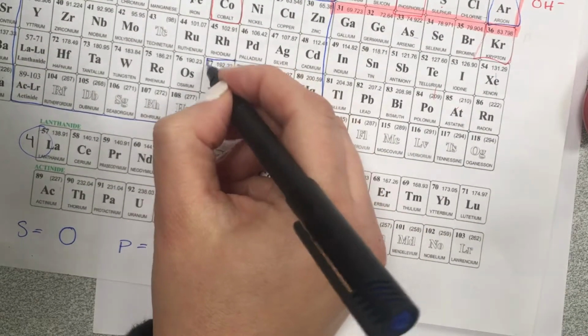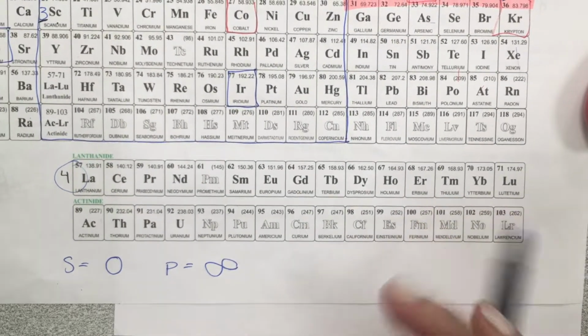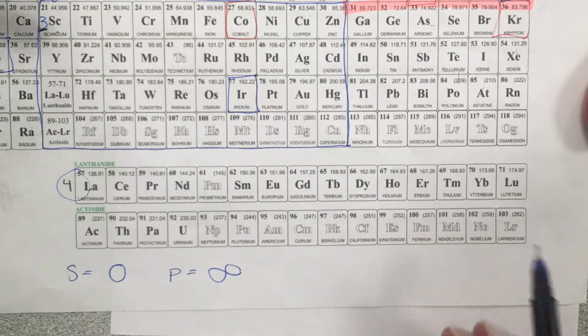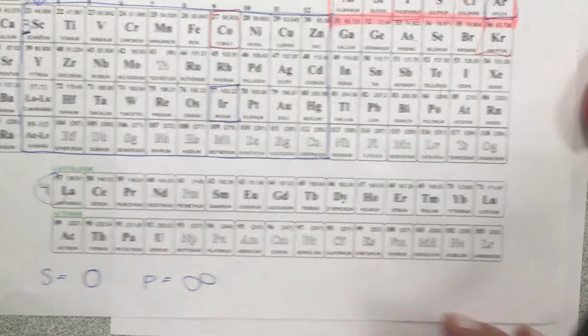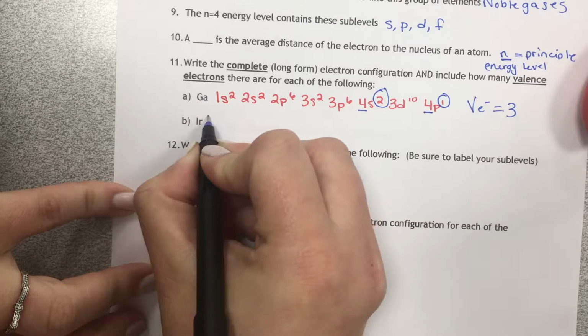There it is. It includes an F block. All right. So iridium, Ir, we're just going to go for it.